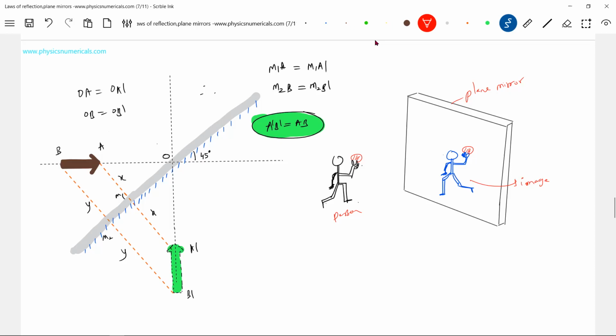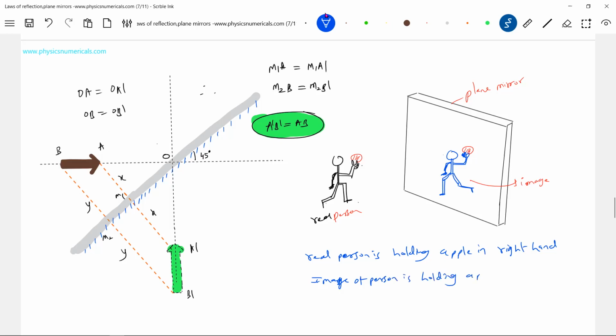So if you look at the person, the real person is holding the apple in the right hand. The person in the plane mirror, or the image of the person, is holding the apple in the left hand.